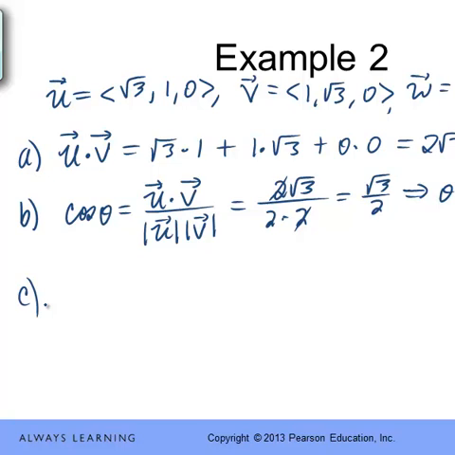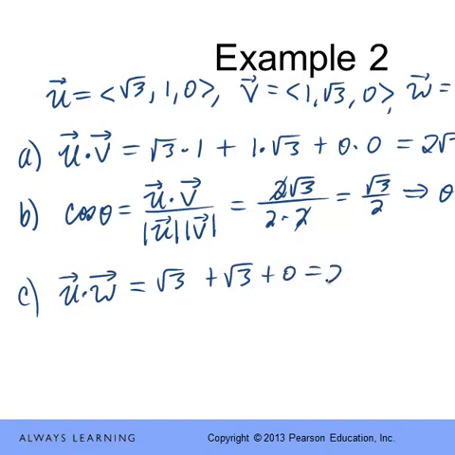What's the angle between u and w? Let's go ahead and find u dot w first. U dot w: root 3 times 1 is root 3, plus 1 times root 3, plus 0 times 2 root 3 is 0.